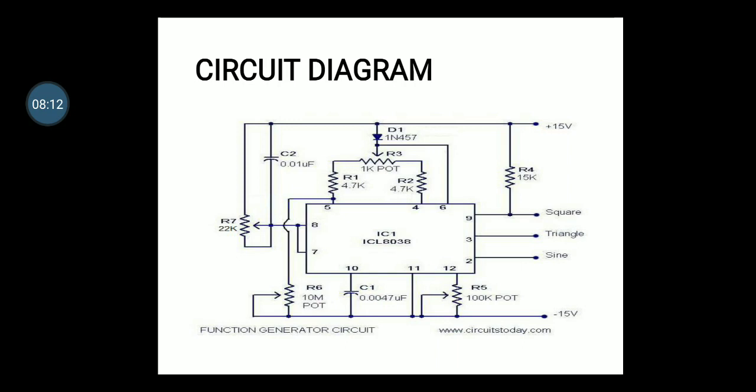Once the capacitor voltage reaches 1 by 3 VCC, CMP2 triggers and sets the flip-flop and the action repeats. It is important to note that the net current flowing out of capacitor C should be positive, that is, 2IB minus IA is greater than 0 for discharging the capacitor, and hence 2IB is greater than IA.